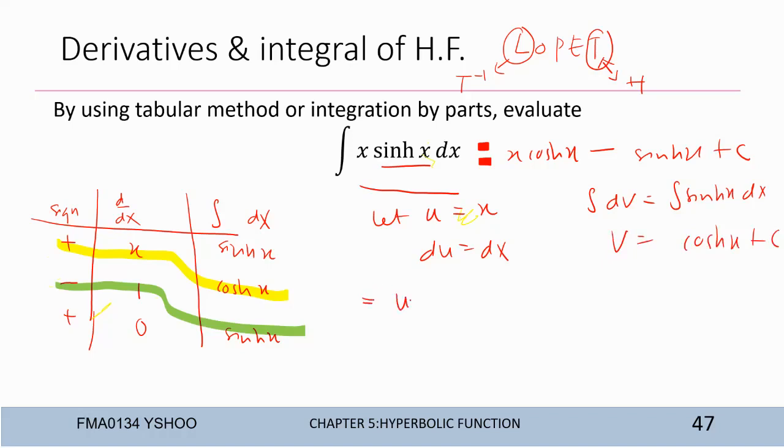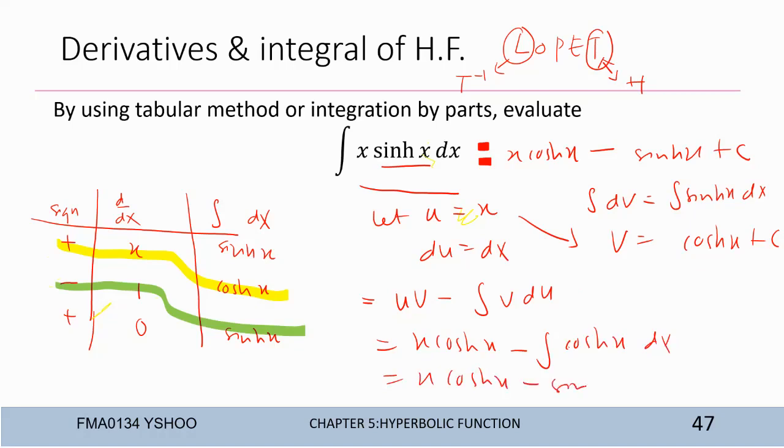Remember the formula: uv minus integral v du. So uv is x cos x minus integral of v du, with v being this one, cos, and du being dx. So we have x cos x minus sine x plus c.